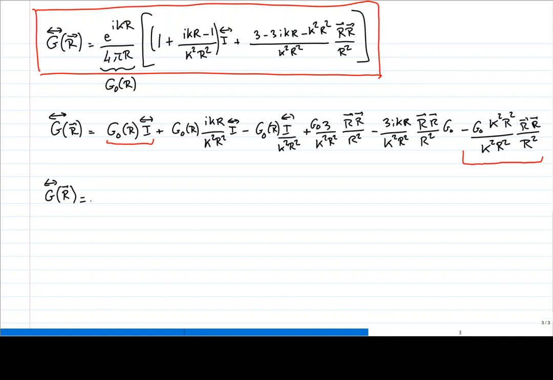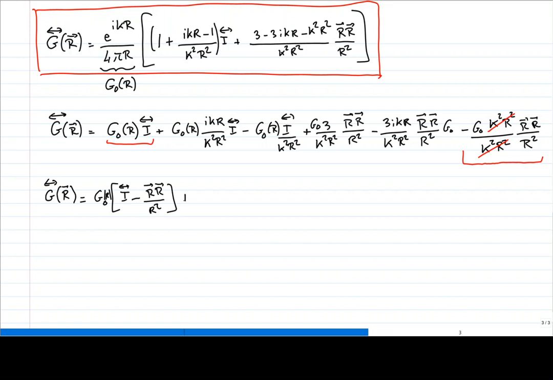So this is G0 multiplied by the unit tensor I, and the second term is negative the outer product of r over r². And why? Simply because the dependence over 1 over kr is cancelled out. So this one has no dependence over kr.